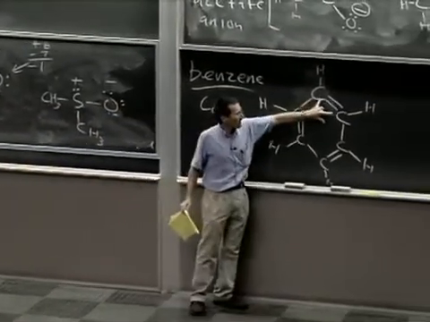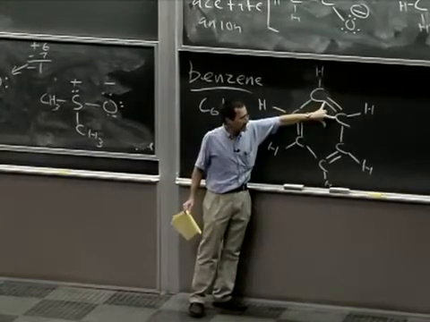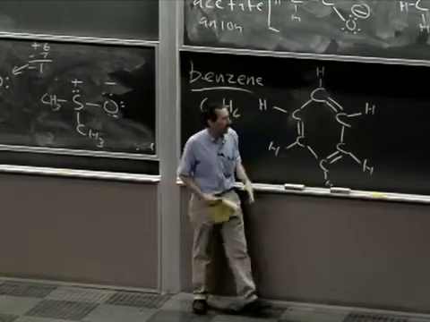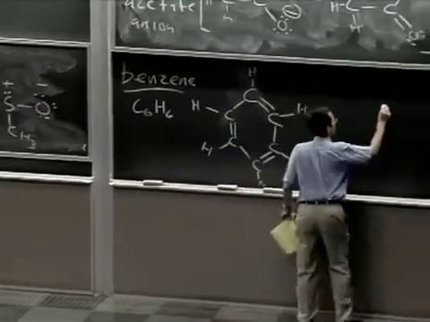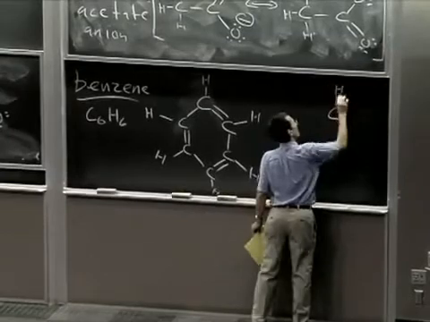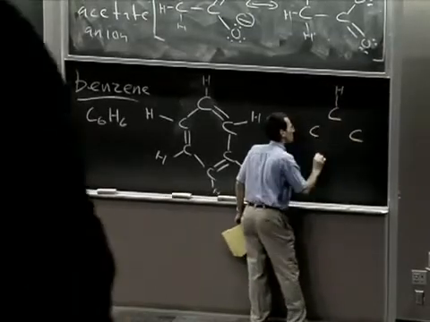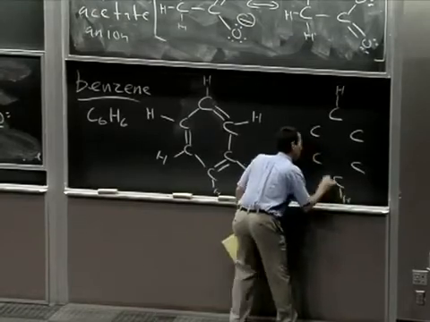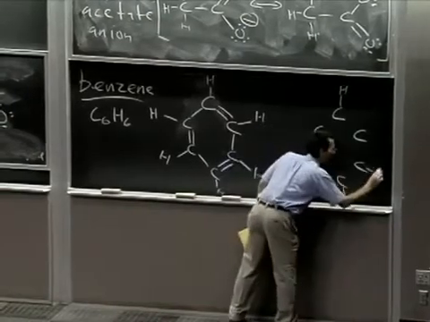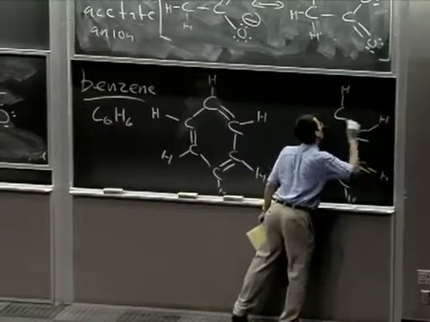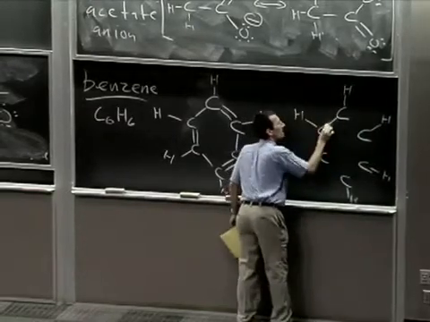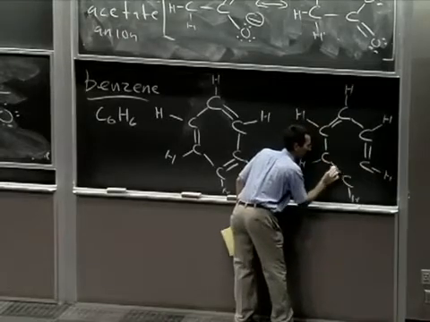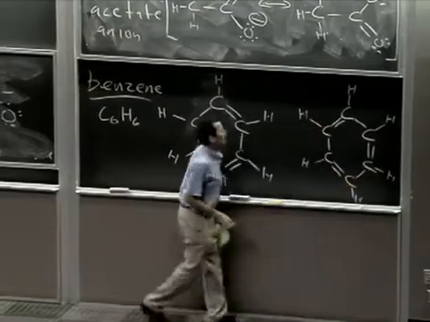One in which we have double bonds between these carbons here and single bonds between the other carbons, but then a second equivalent resonance structure. And that second resonance structure alternates the double bonds in the other direction.